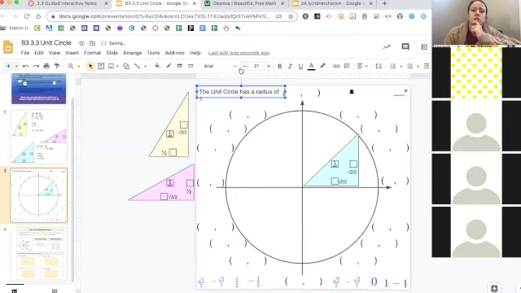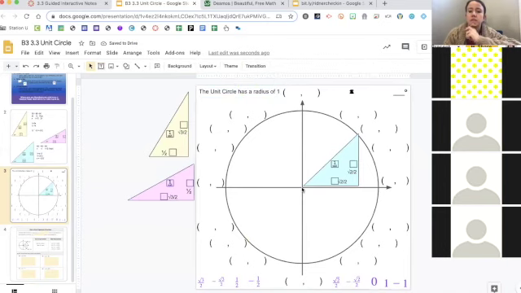So let's use some of our logic. If this is 0, 0 on an XY plane, so you're talking about x-axis, y-axis, and this is 0, 0, what must be where the circle and the x-axis meet right here, if it has a radius of 1?